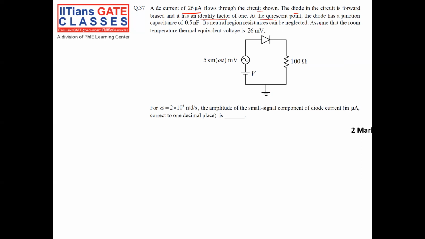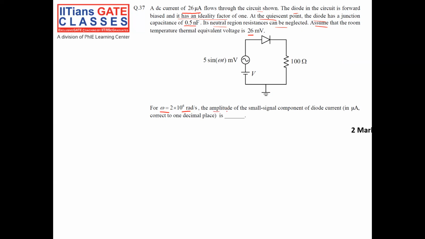The diode has a junction capacitance of 0.5 nanofarad and its neutral region resistance can be neglected. Assume room temperature, thermal equivalent voltage is 26 millivolt. The frequency omega is equal to 2 into 10 power 6 radian per second.